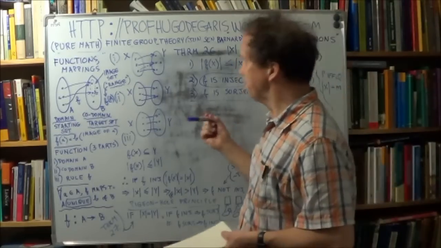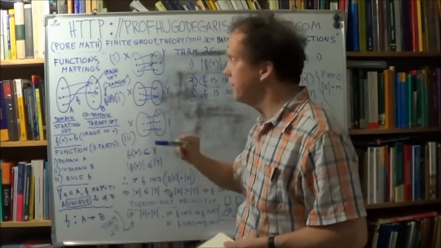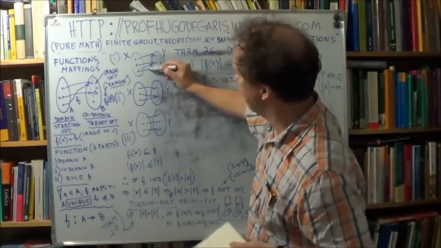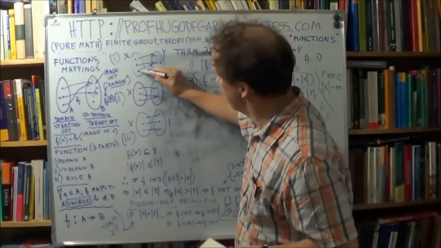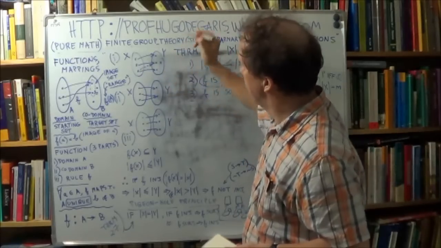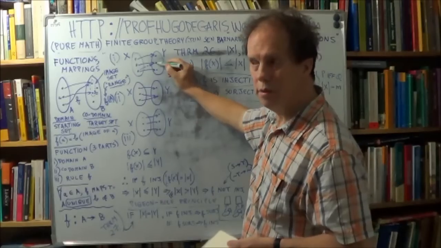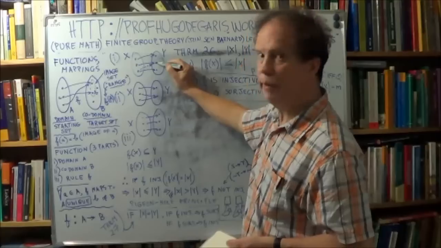Now, in general, you will have some many-to-one mappings. For example, here, instead of having this arrow, instead of this element mapping to that one, imagine that this one mapped to this one. That means this element here in your target set, your codomain, has a many-to-one mapping.